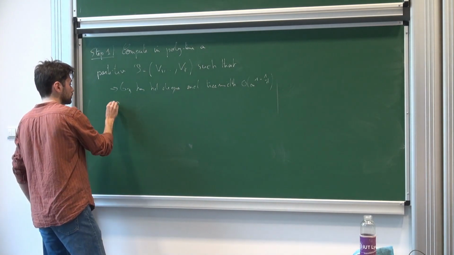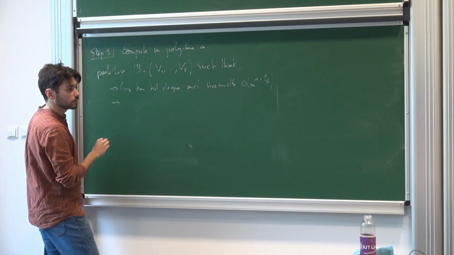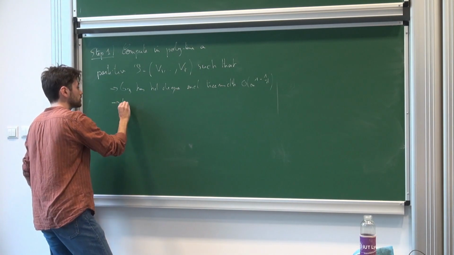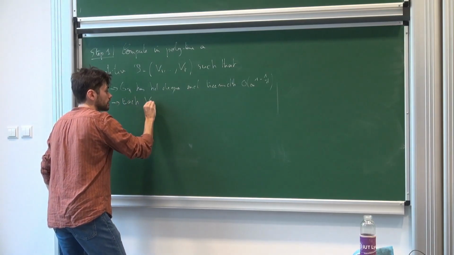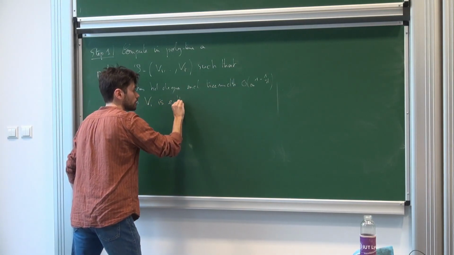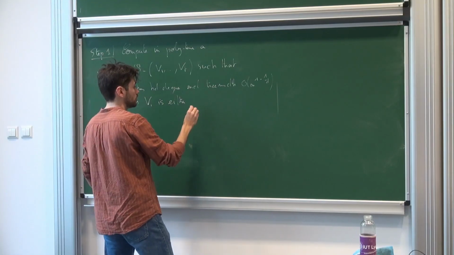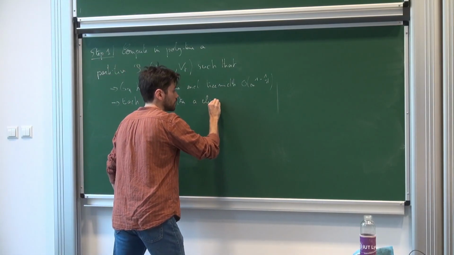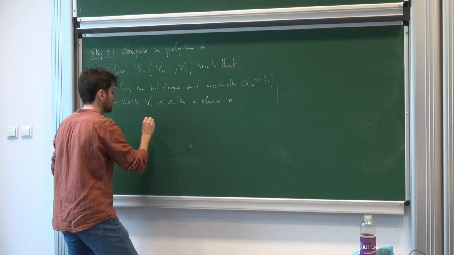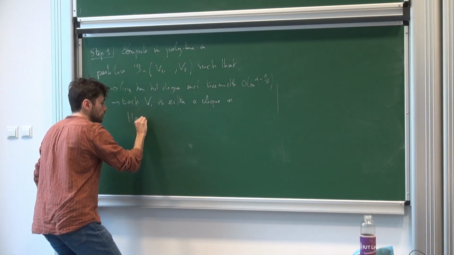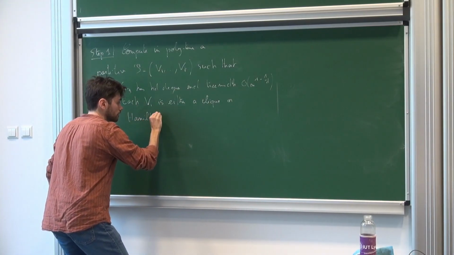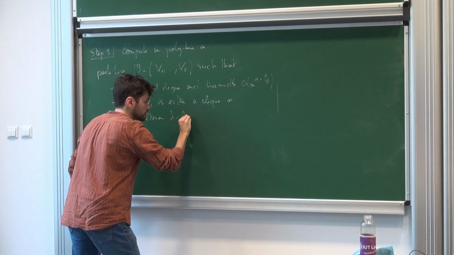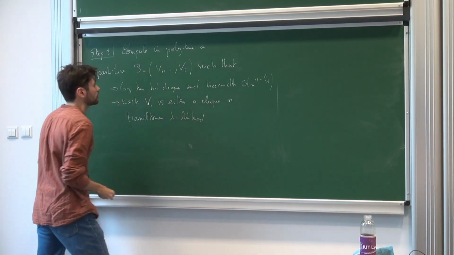and each V_i is either a clique or Hamiltonian lambda-linked, and I just noticed that I didn't fix lambda.